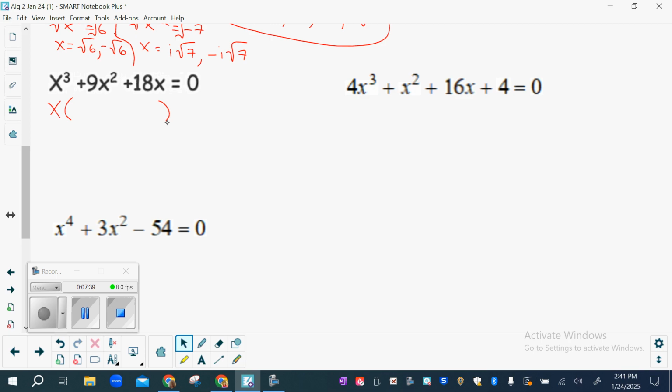So what would we be left with once we factor out the x? X squared plus 9x plus 18. Yes. And then what are we going to do next on this? We're going to do the X method. So we look at what multiplies to 18 that adds to 9.